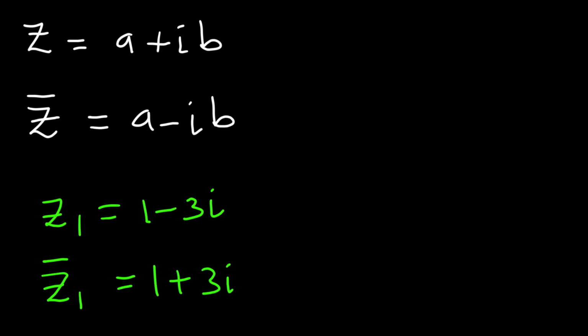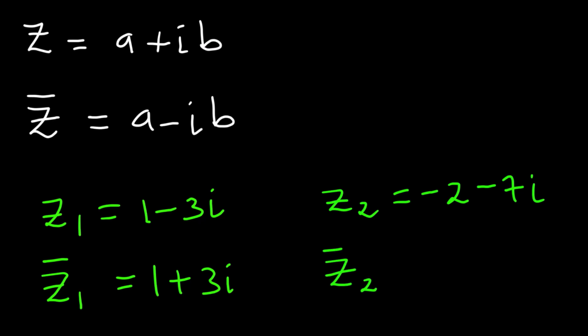Let's see another example. Let's say we have z2 equaling negative 2 minus 7i. The conjugate, which is z2 bar, will be equal to negative 2 and then plus 7i. So that's how you find the conjugate of a complex number.